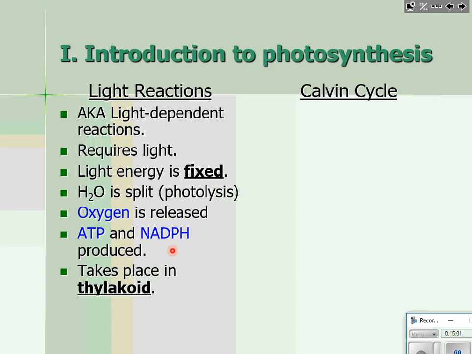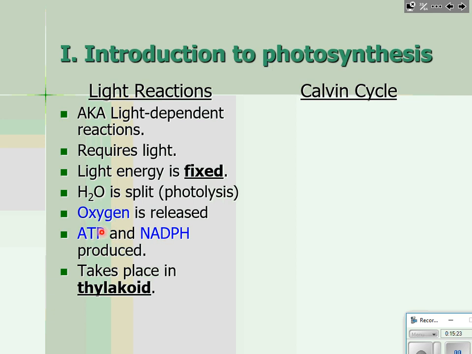Now, remember, the overall purpose of photosynthesis is to make food, to make a sugar that the plant can use as a food source. None of that sugar is made in the light reactions, but two very important chemicals are made in the light reactions.